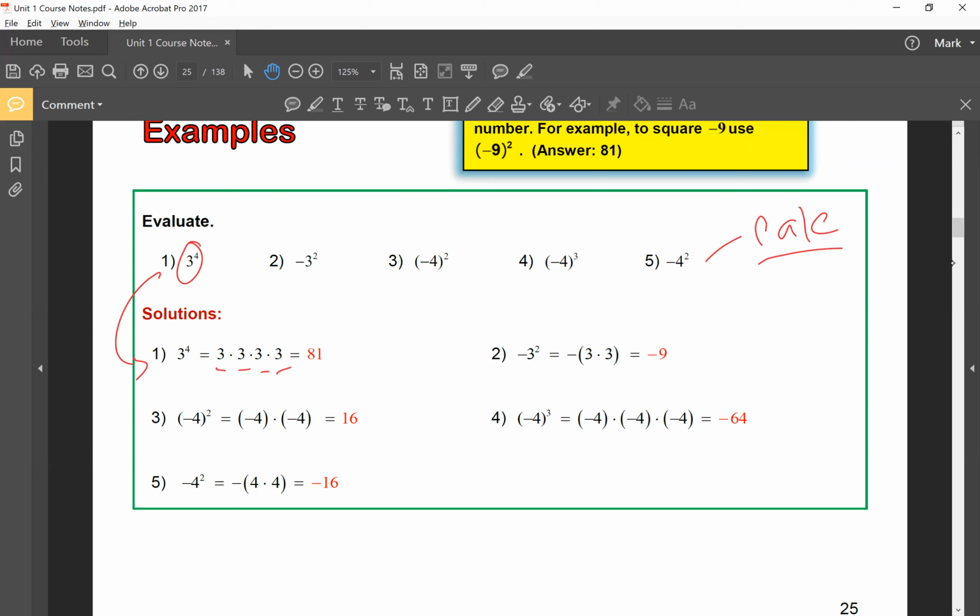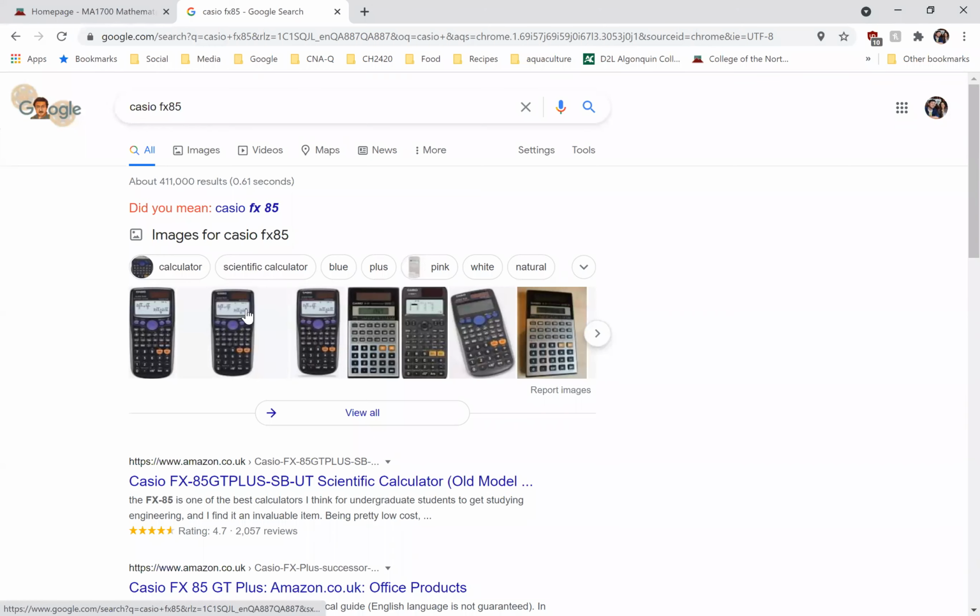This might help you guys. I'll share my screen in a second. The college uses a specific calculator, which you guys can get at the bookstore. But if you're not coming to campus, and I do not blame you, you can get this calculator at Carrefour, probably Lulu, probably Monoprix. But I've seen this at Carrefour in City Center Mall.